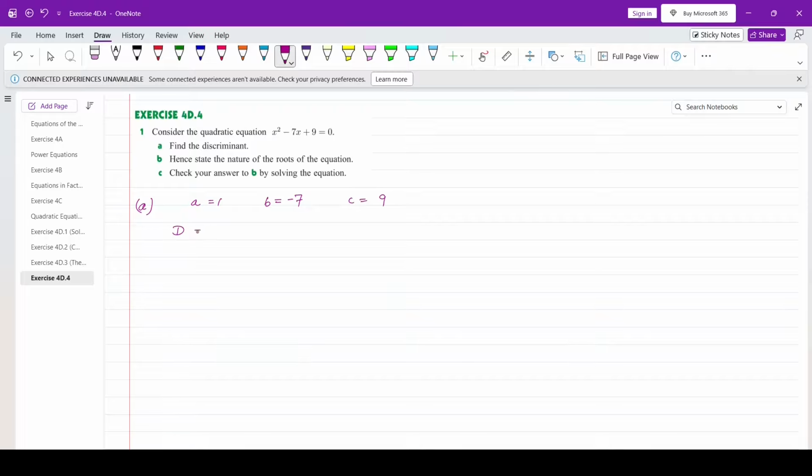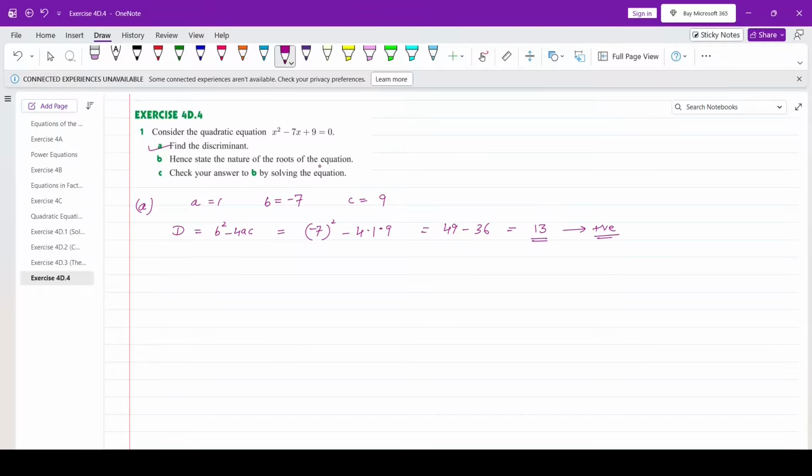And we know discriminant is equal to b square minus 4ac. So negative 7 square minus 4 times 1 times 9, and this is equal to 49 minus 36, that is 13. 13 is positive.